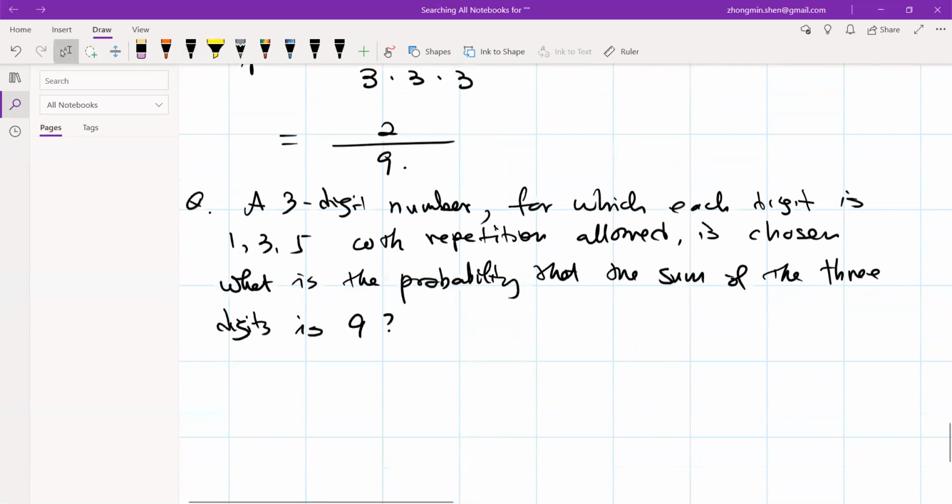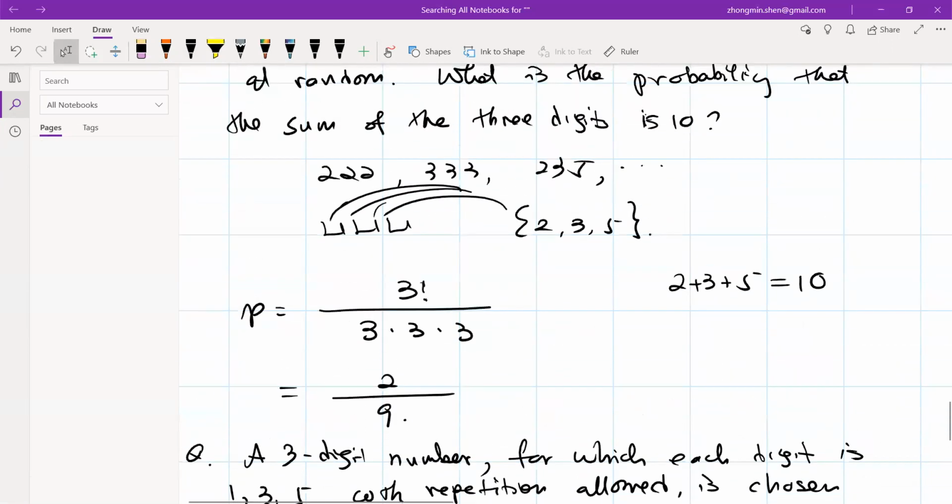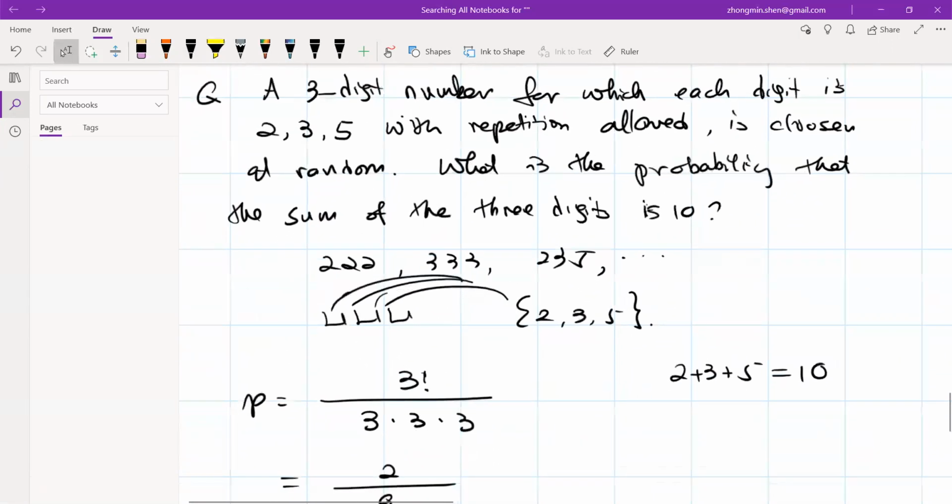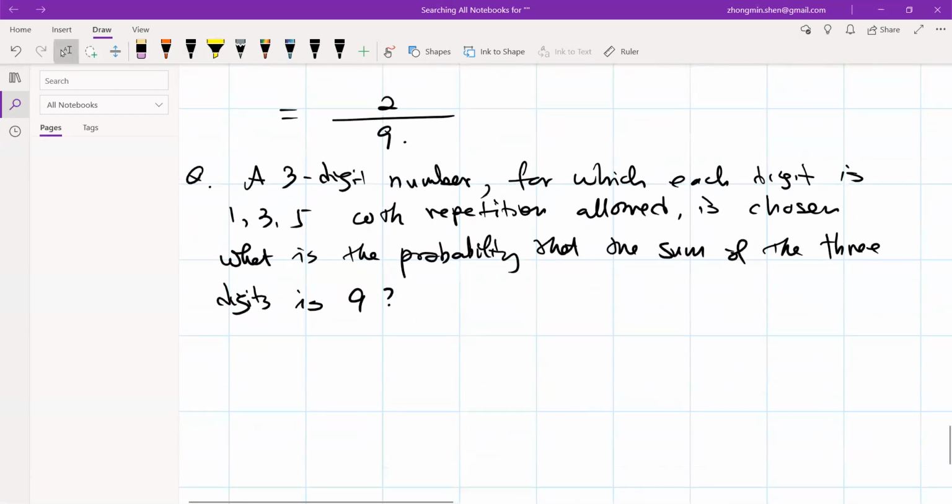No, it's not the same. It's a slightly different problem. This one was 10, right? So here, first of all, the denominator is still 3 times 3 times 3.